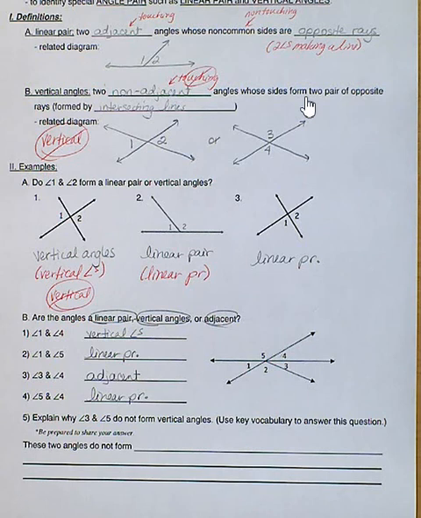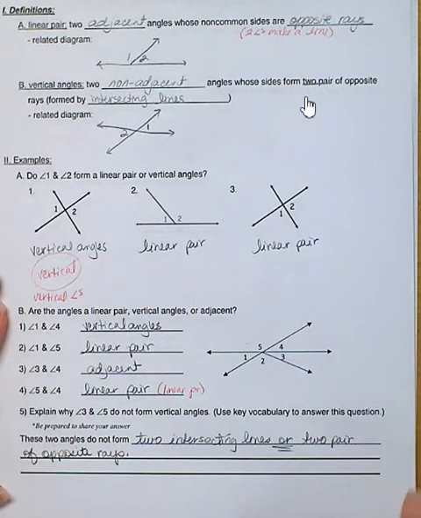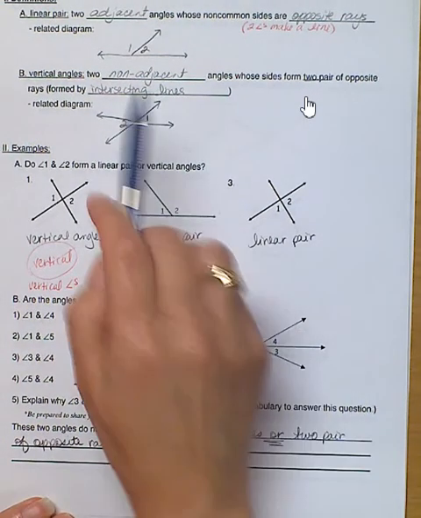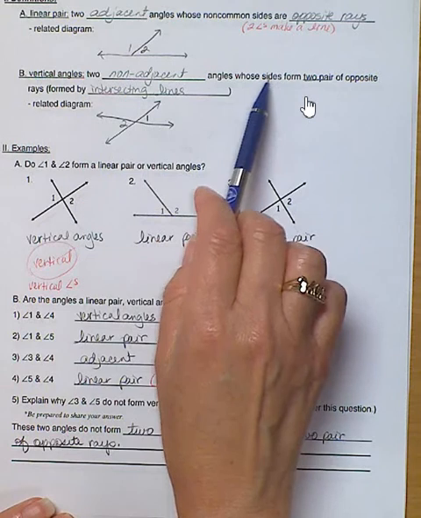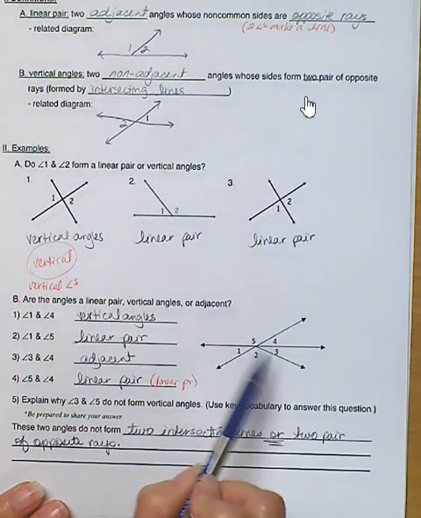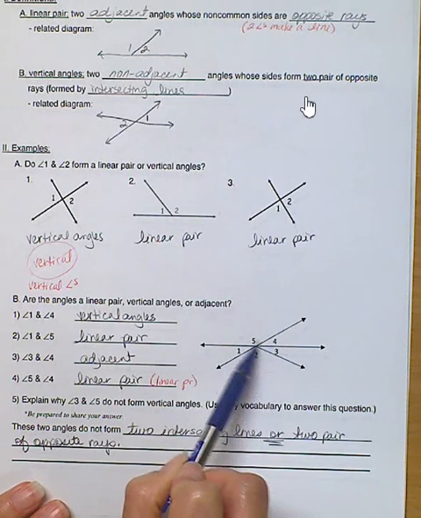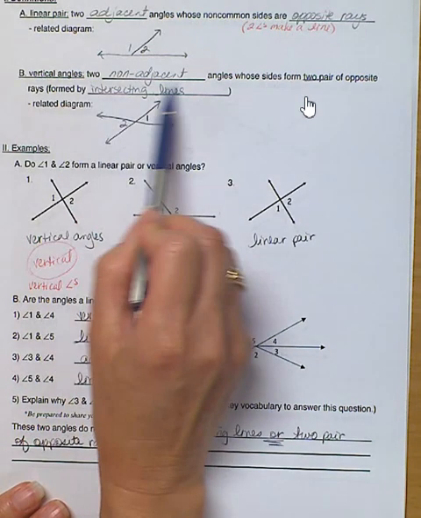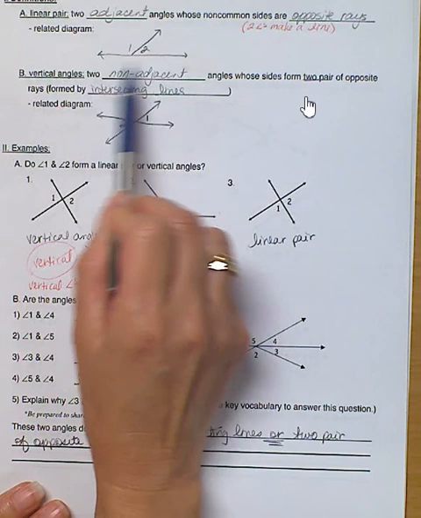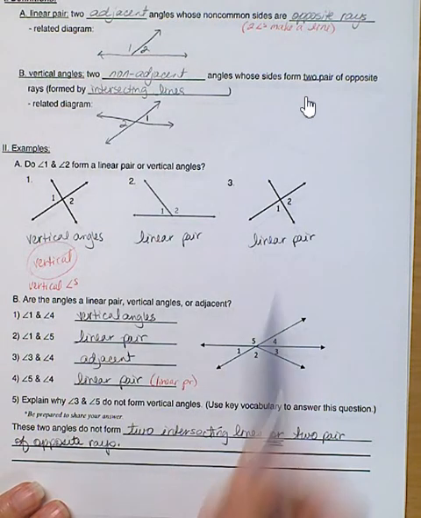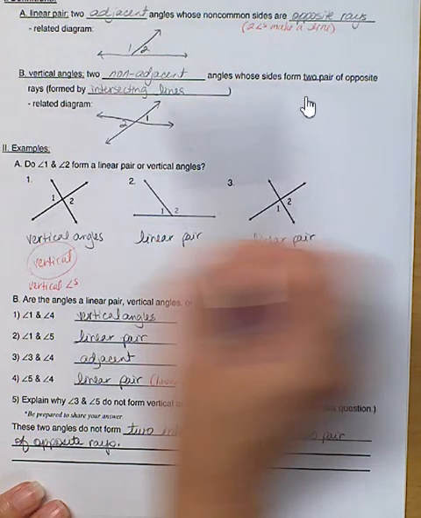Okay. So what I did is there are 2 potential answers, only because when we look at the definition, there's 2 potential situations. We already know that 3 and 5 are non-adjacent. So the first half of the definition works. Yet I told you they were not vertical angles. So it's the back half of the definition that's not working, and that's what you want to write.